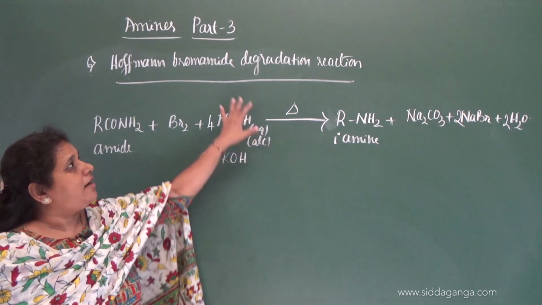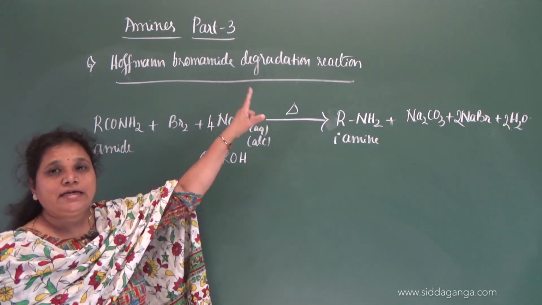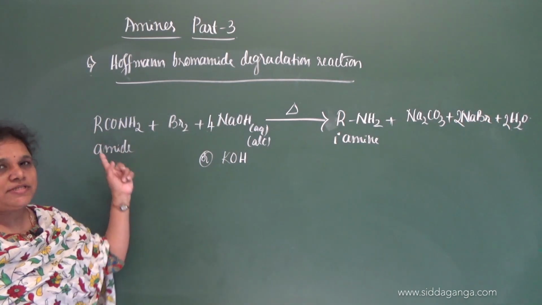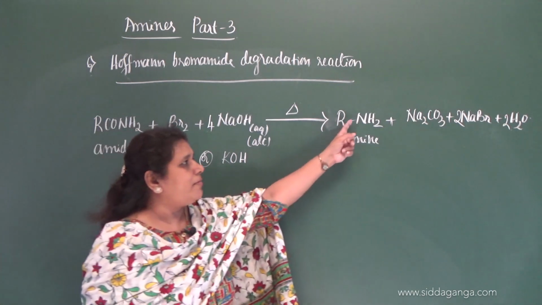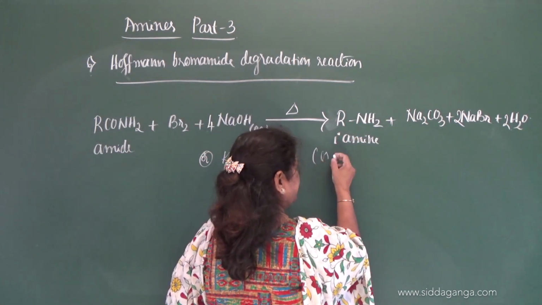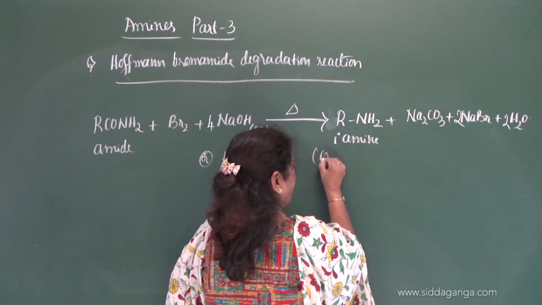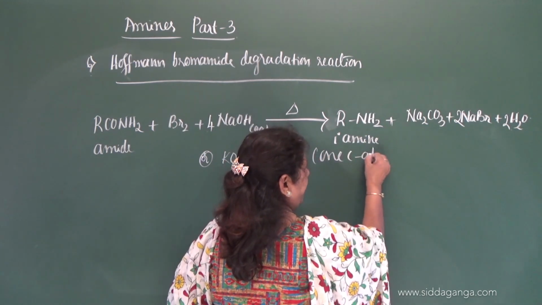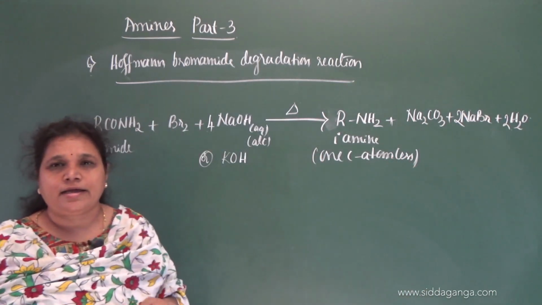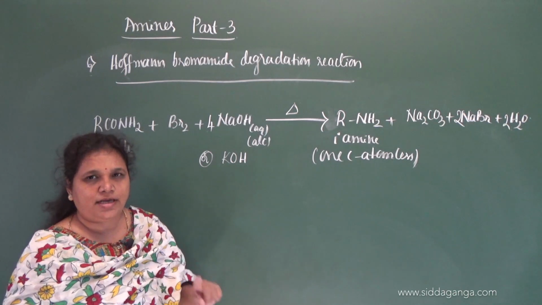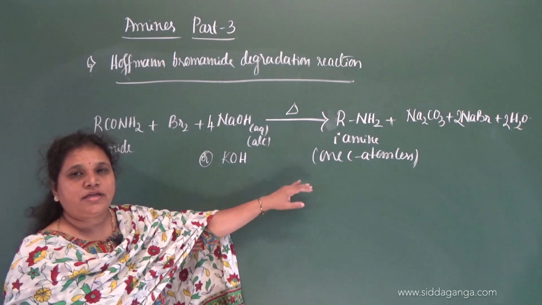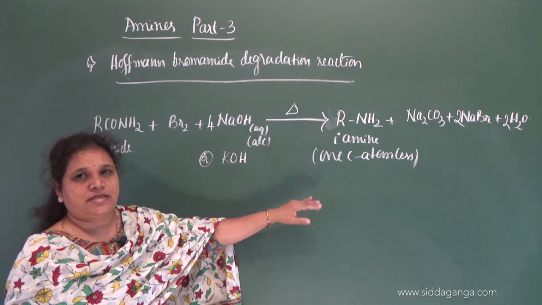But why is it called the Hofmann bromamide degradation reaction? Because the primary amine so formed contains 1 carbon atom less than the parent amide. This means the reaction involves a descent of series.